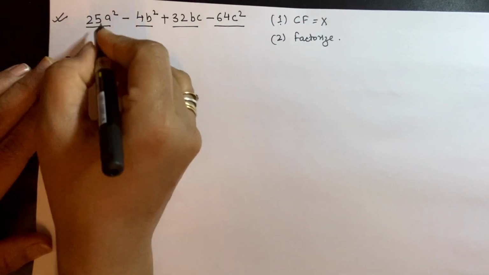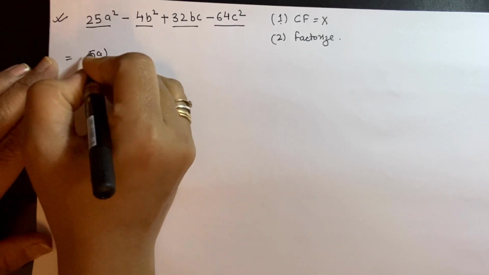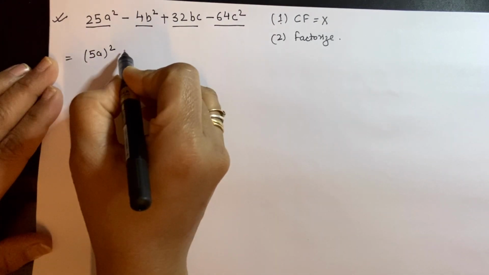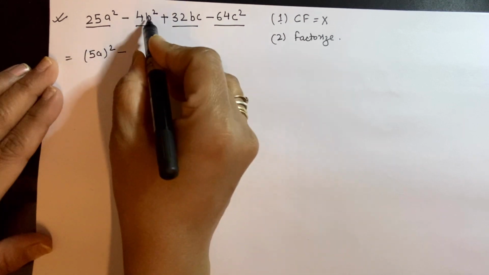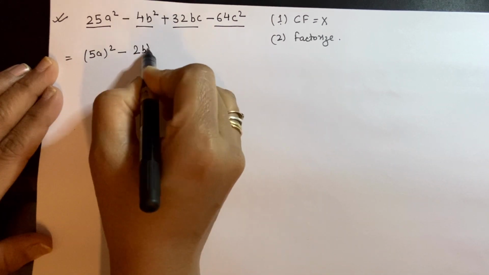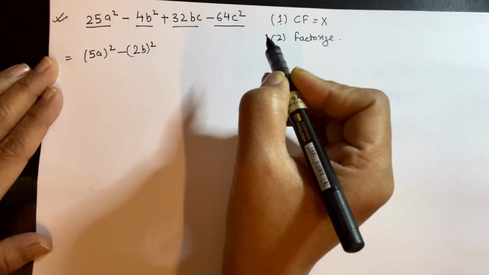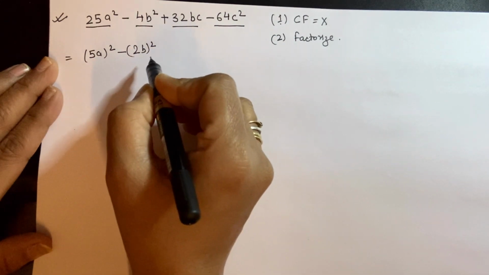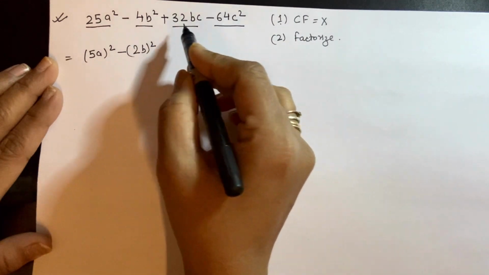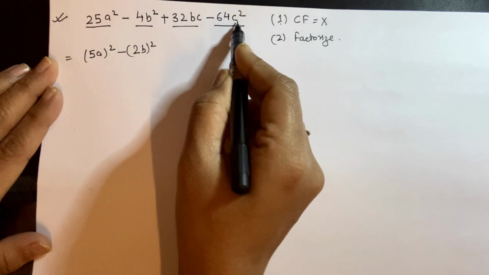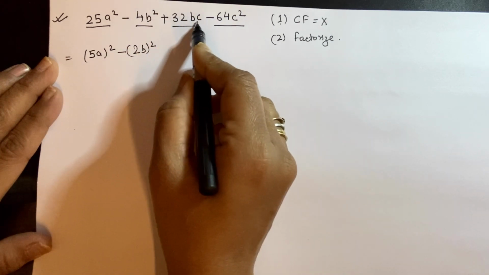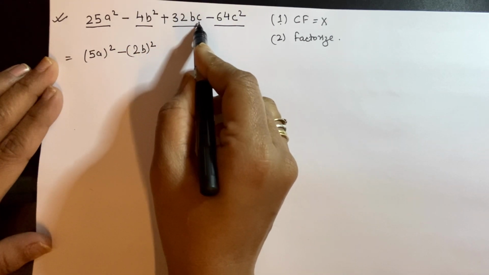So now this will become 5a whole square. Again you will factorize it as 2b whole square, and then while you are factorizing it you will realize that these are two identities and in the center you are using the multiplication of that identity.